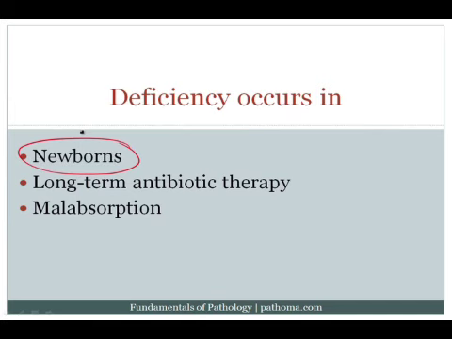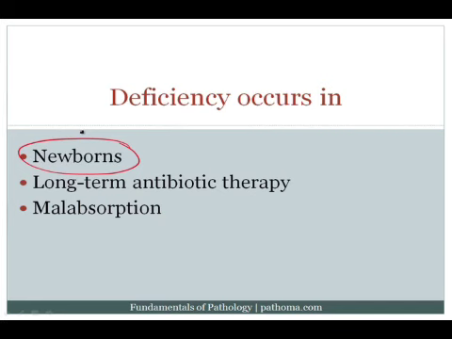And so because they have a lack of GI colonization, they are particularly susceptible to vitamin K deficiency related bleeding. And that's why at birth, one of the injections that we give a newborn is that we prophylactically give all newborns vitamin K, to avoid hemorrhagic disease of the newborn.